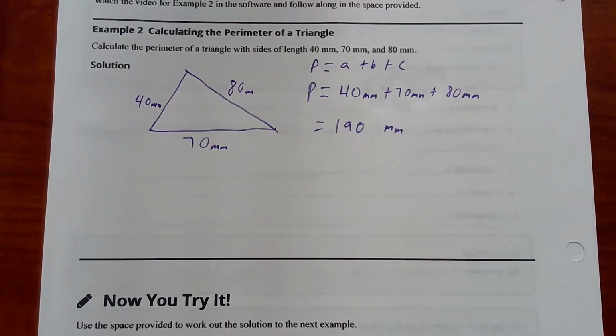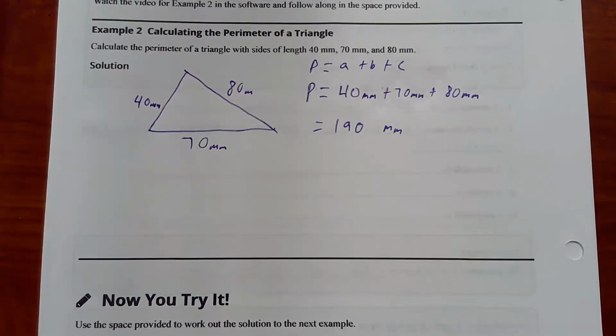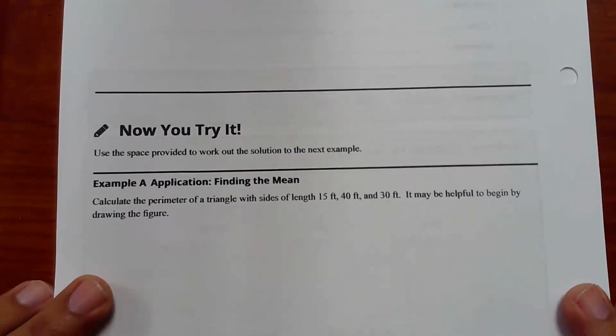I want you to get used to that type of format, because all the math classes you're going to take, they're going to want to see steps. It's kind of like in English. You write a paragraph, they want the structure. Important. Try this one out.